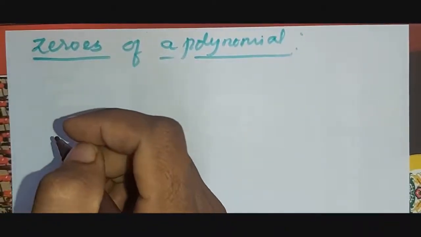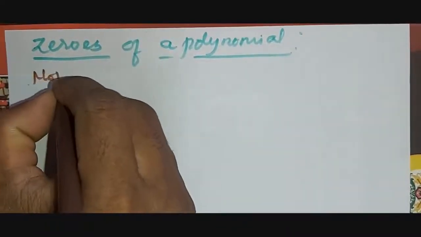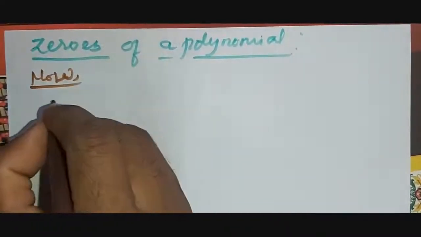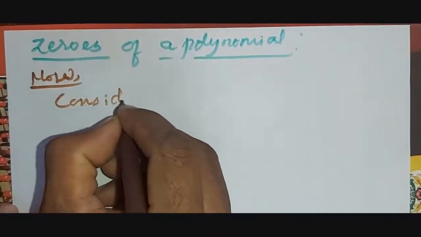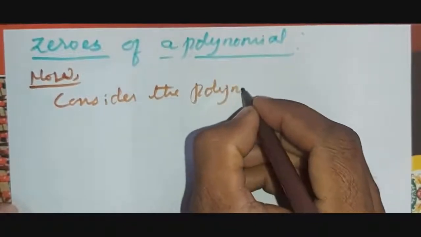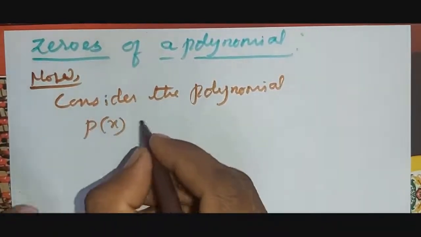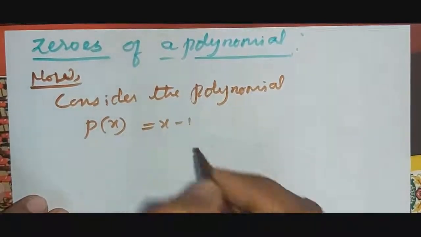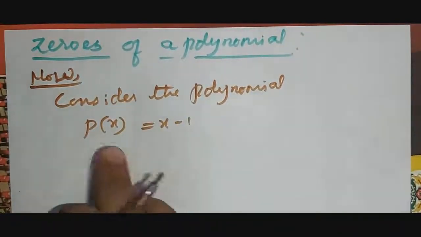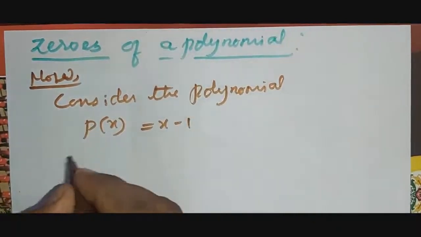Consider the polynomial p of x is equal to x minus 1. If p of x is equal to x minus 1, then what is p of 1?